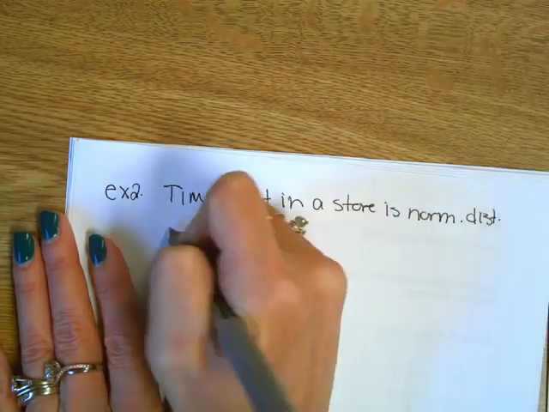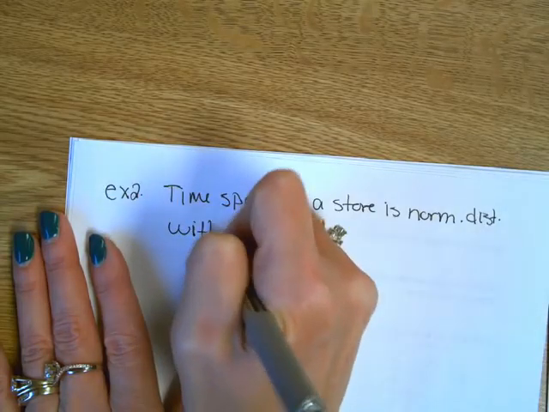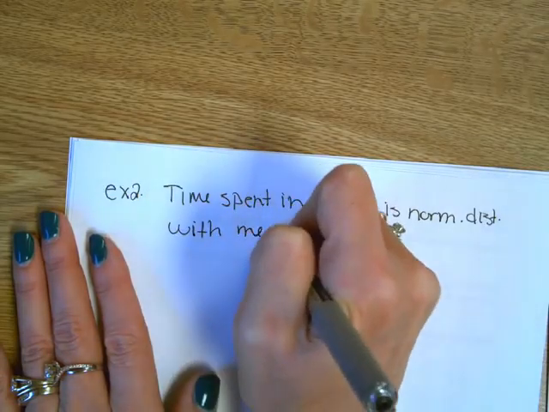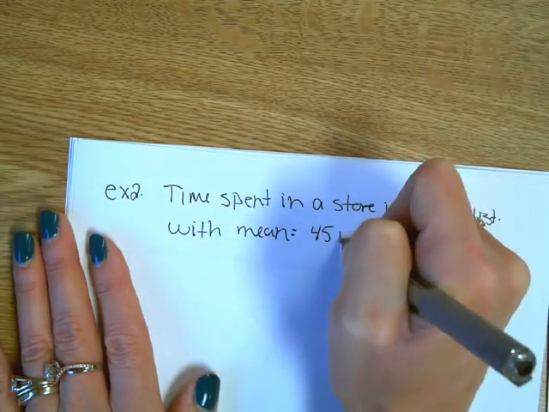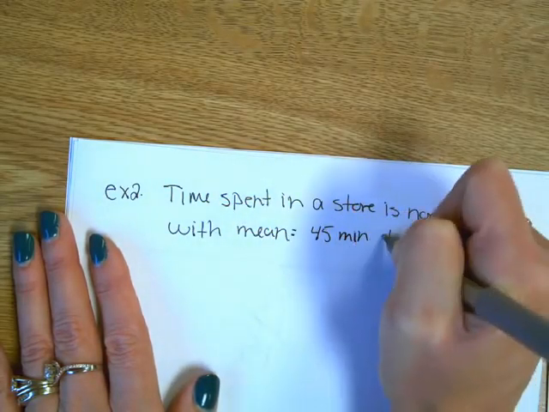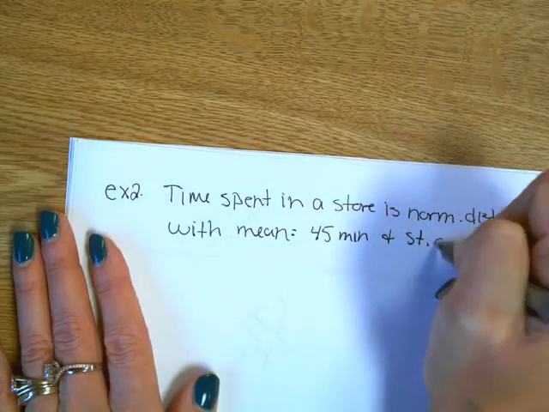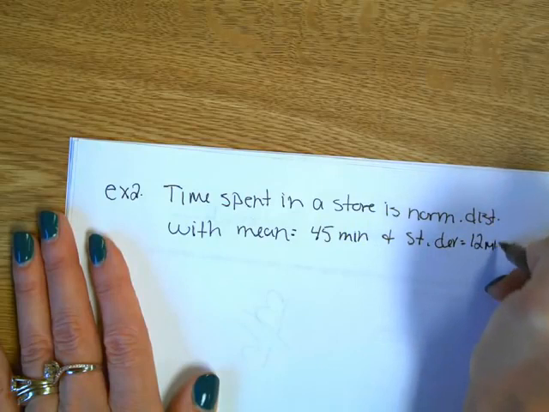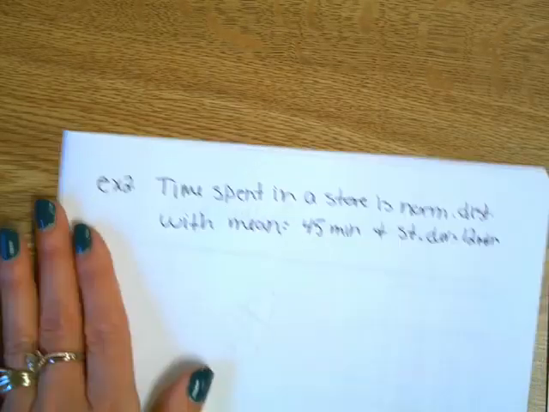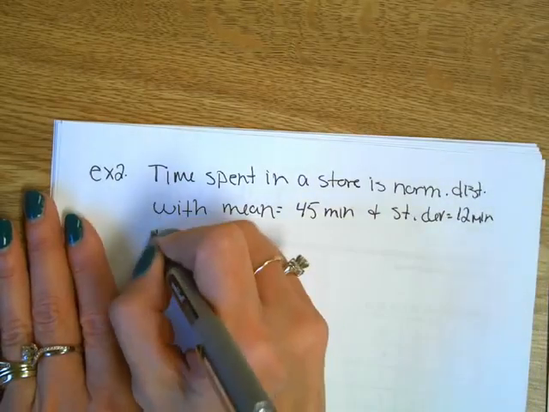Time spent in a store is normally distributed with a mean of 45 minutes and standard deviation 12 minutes. You're going to randomly select one person.